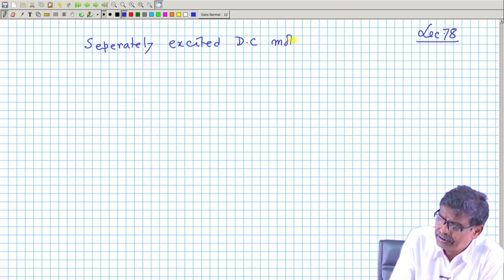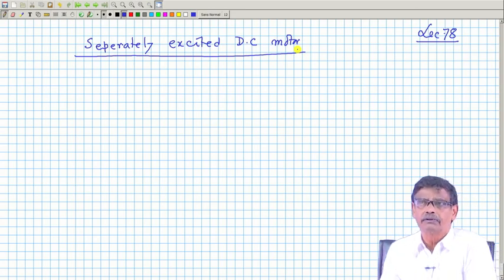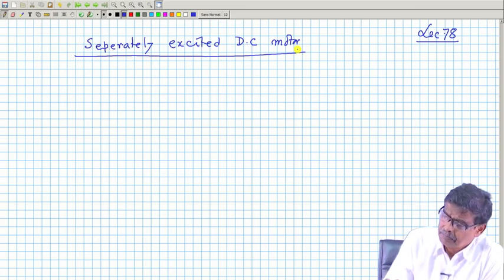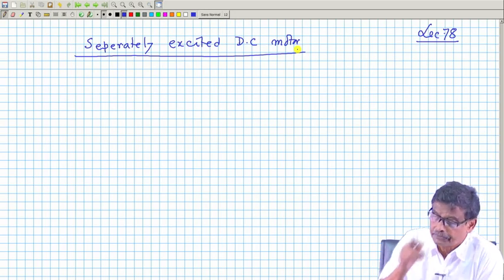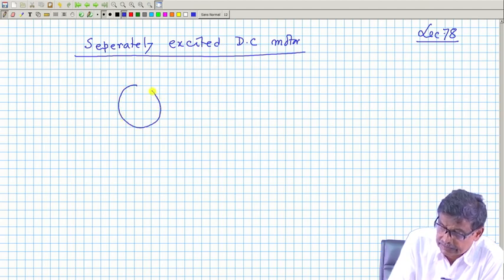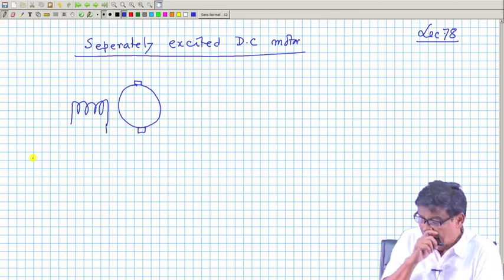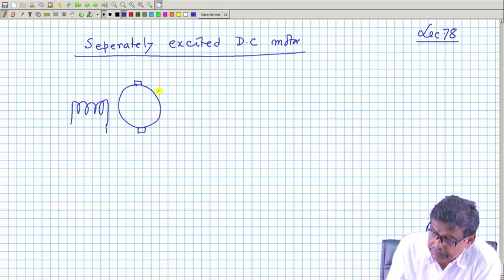As I told you, generators are nowadays not so popular with DC, but motors are still in use. This is the diagram, and this is the field winding. Let us try to understand what I am telling.